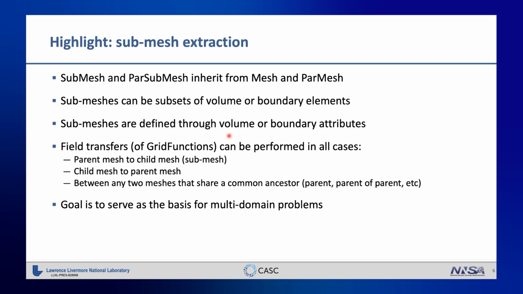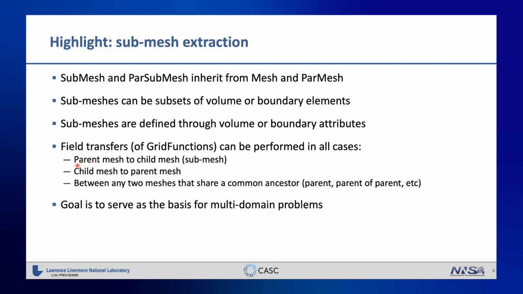It can be easily extended to do arbitrary subsets, I believe. Then the important feature is field transfer between grid functions on these different meshes, and we support basically all transfers of interest.